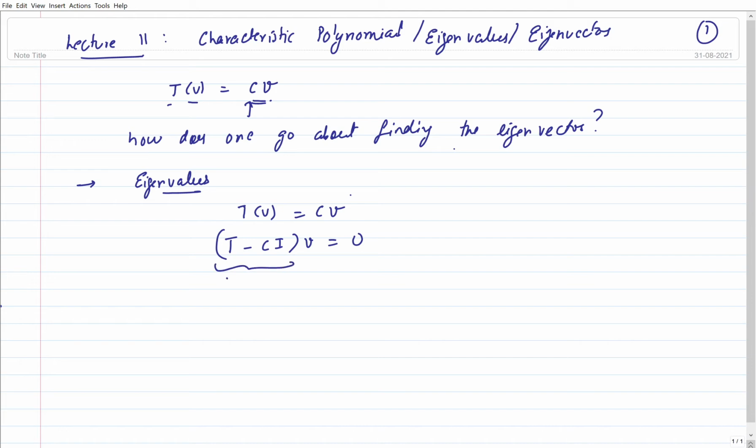So I have a linear operator and I apply it to V to get 0. What does it mean?